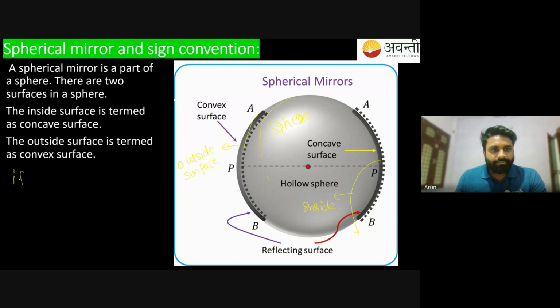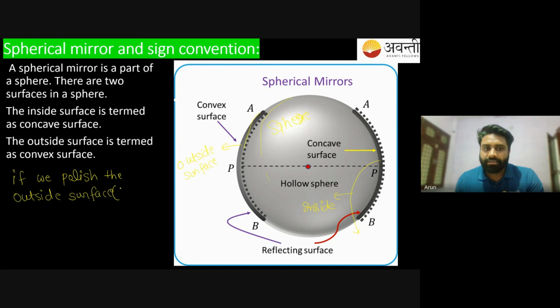If we polish the outside surface, which means the convex surface, then the mirror is called what?